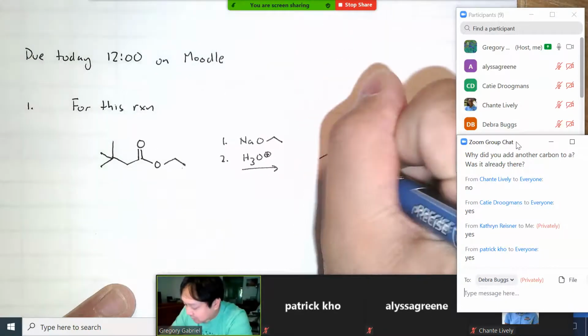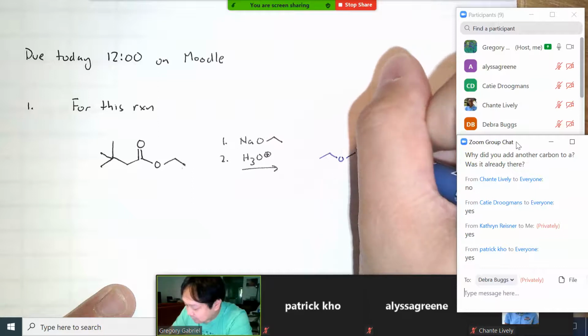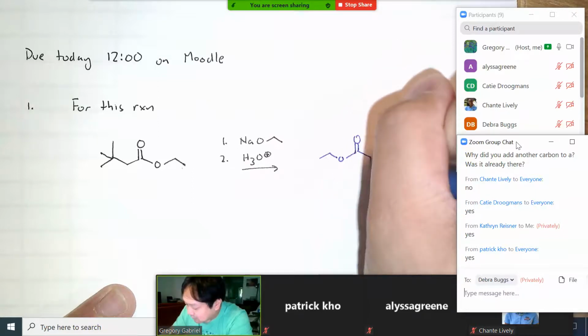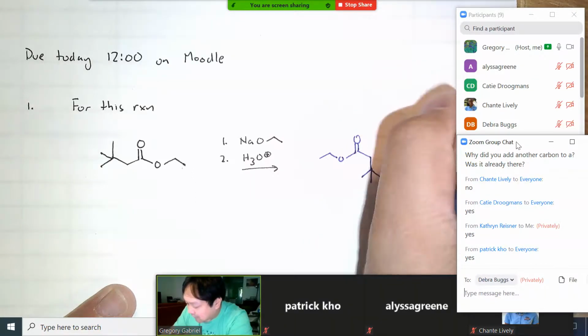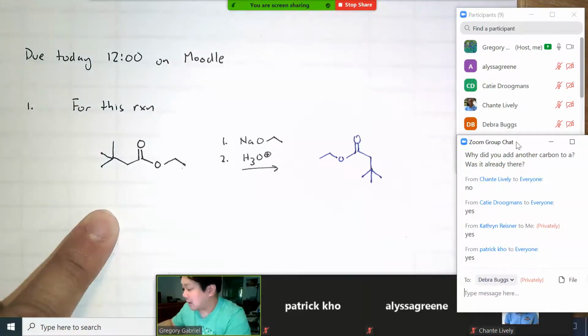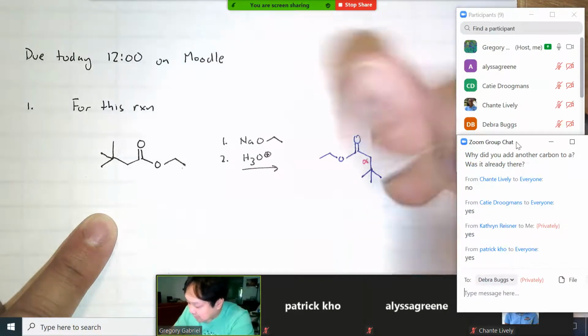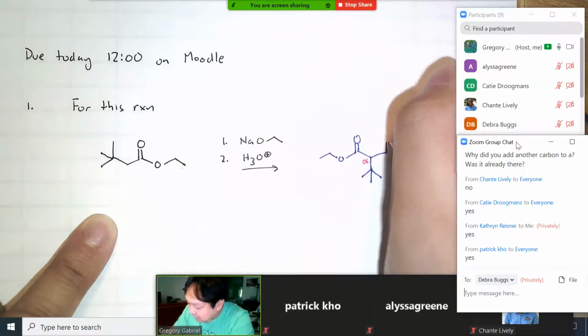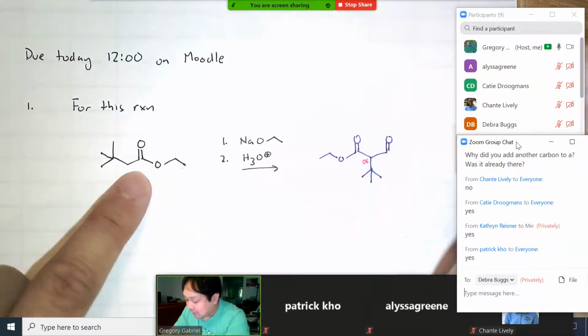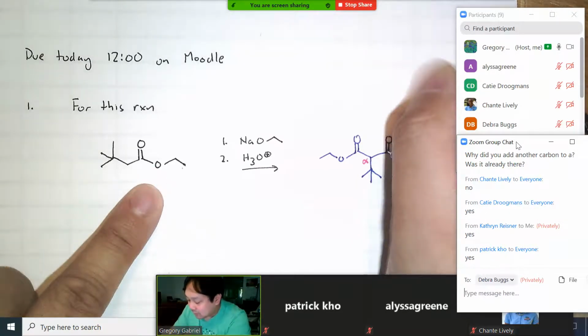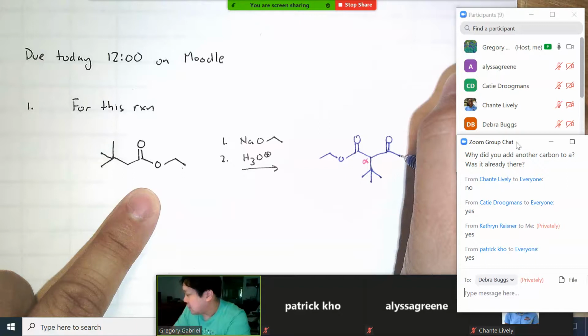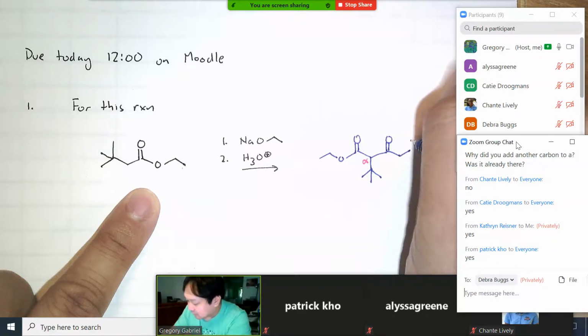Let me flip the molecule. And I know that for that alpha carbon, I can definitely make an anion. It's going to attack another one of itself, but pick out the leaving group. So what I have left over is this.